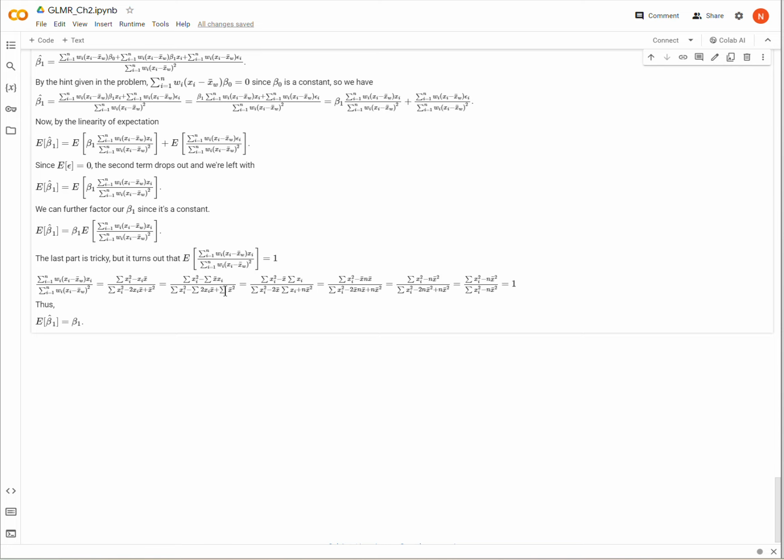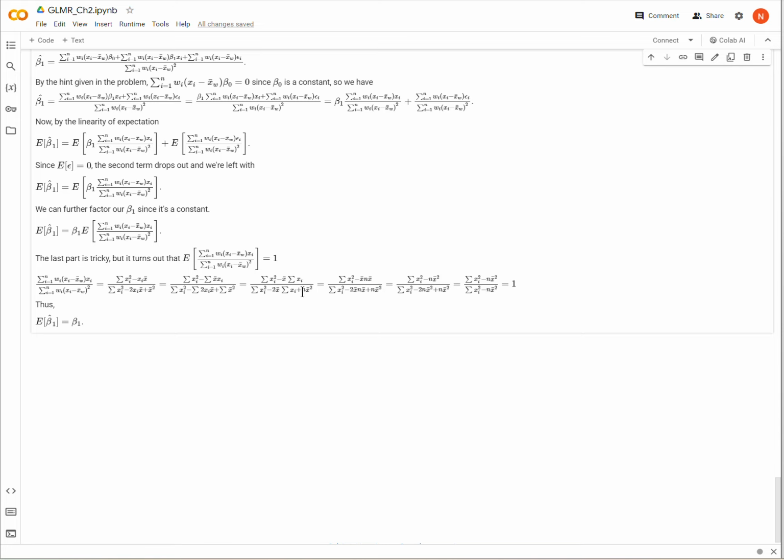Another way that we can write this particular expression is: I'm summing 1 to n of x bar squared, but x bar squared is a constant, so I just have n x bar squareds.